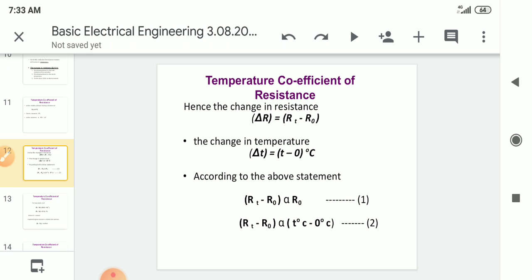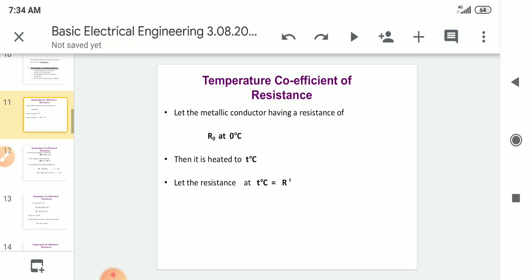Here let's observe what will happen. This is the temperature coefficient of resistance. Hence, the change in resistance is the resistance at the raised temperature minus the initial resistance. R_T is the resistance at high temperature, and R naught is the resistance at 0 degrees.